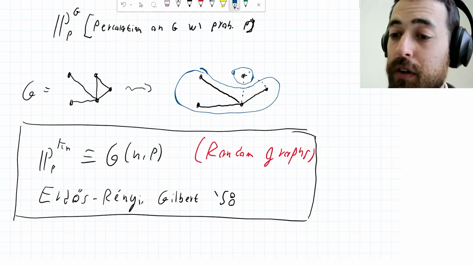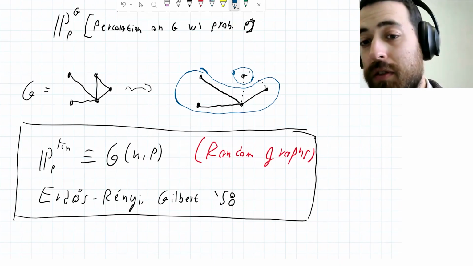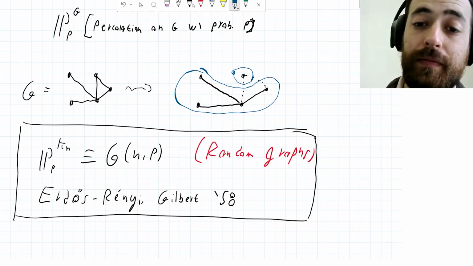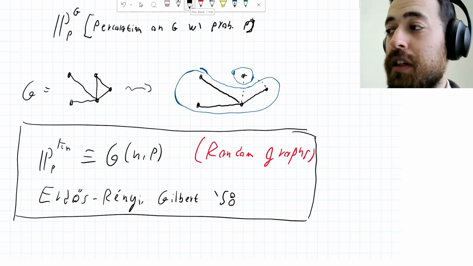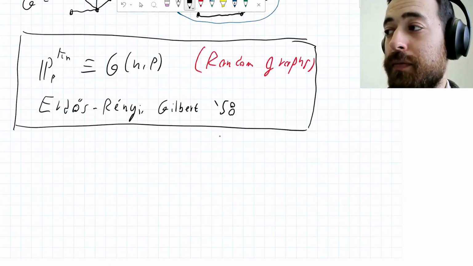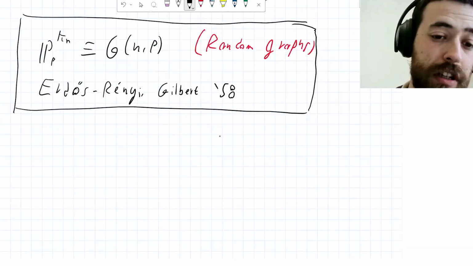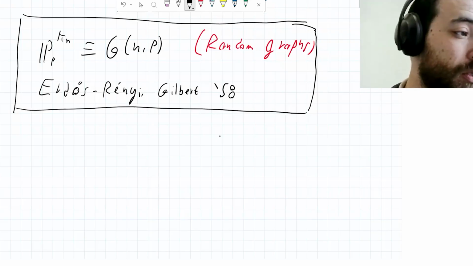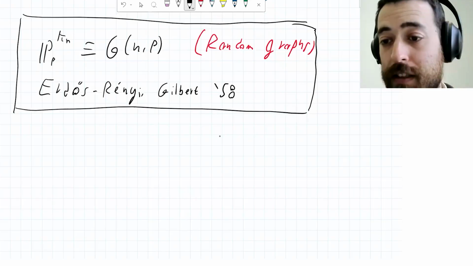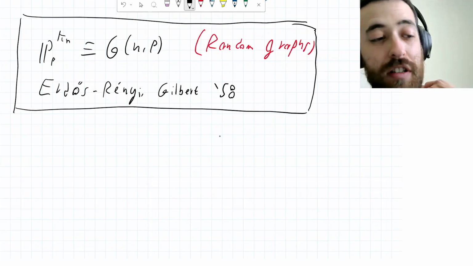So we are also quite often interested in the components and how they behave. These are the two things we usually care about when we look at random graphs.